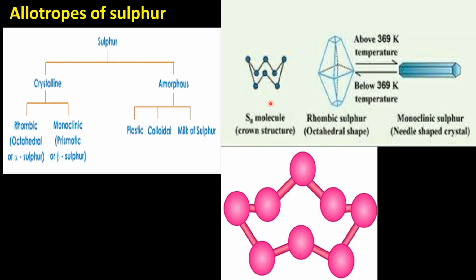Now the structures of rhombic and monoclinic sulfur are shown here. The S8 molecule has a crown structure, rhombic sulfur has an octahedral shape, whereas monoclinic sulfur has needle shaped crystals, and this is the shape of the crown structure here and here.